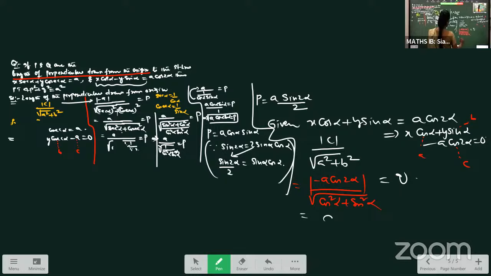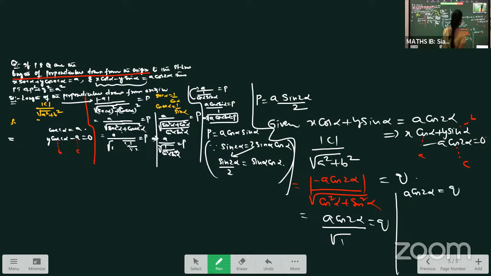Then A cos 2 alpha by root cos square alpha plus sin square alpha, value is 1, is equal to Q. Now A cos 2 alpha is equal to Q. Therefore, 4P square plus Q square value he is asking you. Is that A or not? Let us check whether it will be A or not.